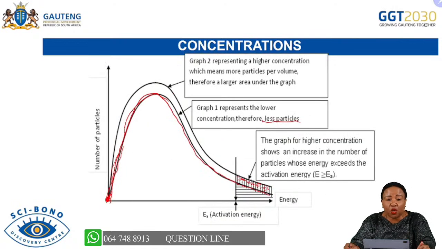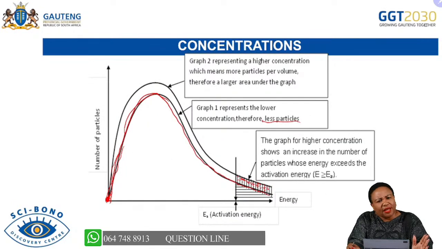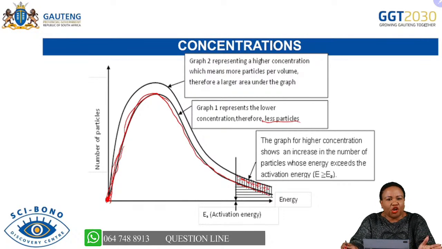Then in terms of the concentration, the two graphs sometimes look alike, but they are definitely not the same. Where there is higher concentration, the graph will be higher than the first one, but they both start at the same point. And another thing, there will be more particles on the second one.